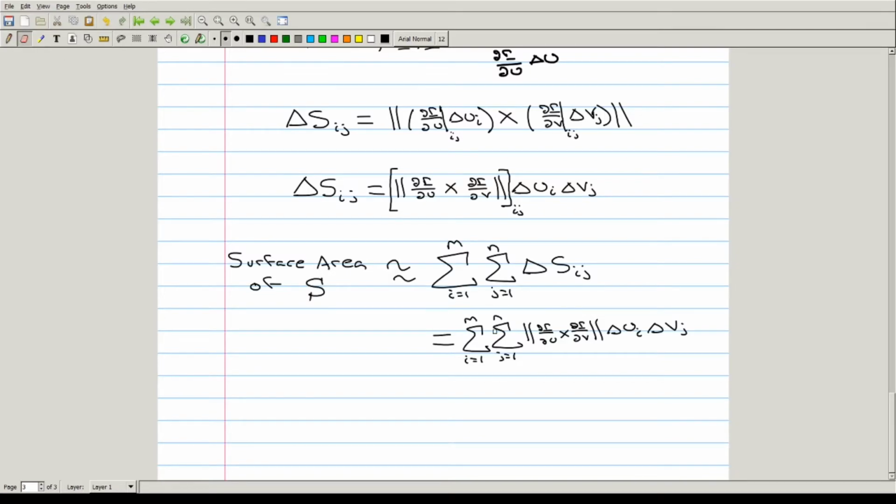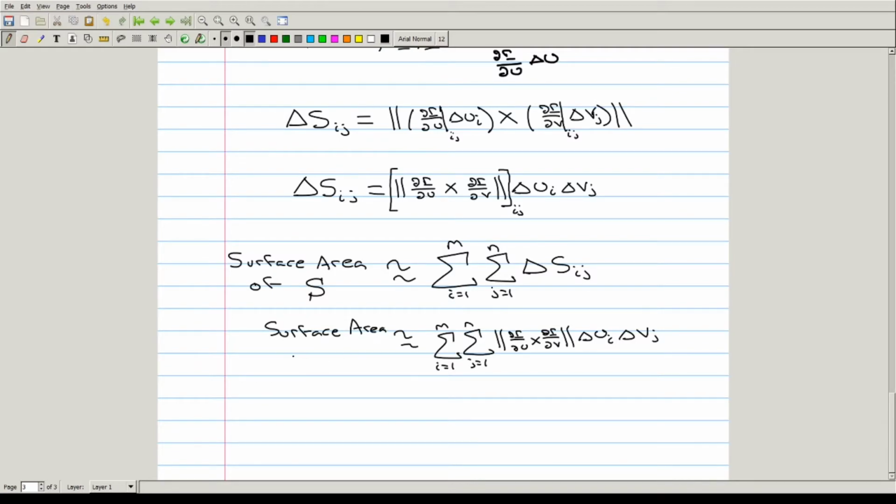And this expression is really, really nice because this is exactly the type of Riemann sum from, say, a calculus 2 or a calculus 4 class, a multivariable calculus class.